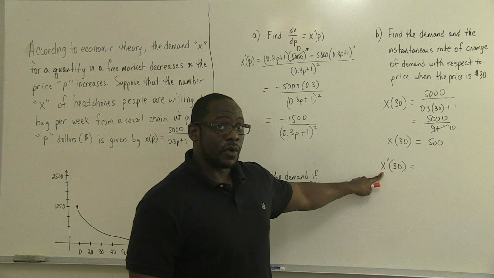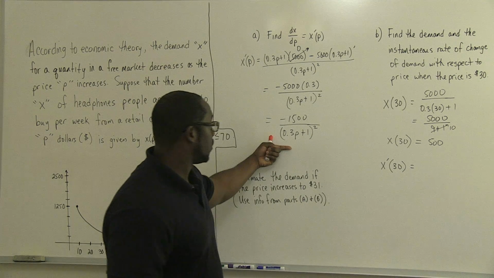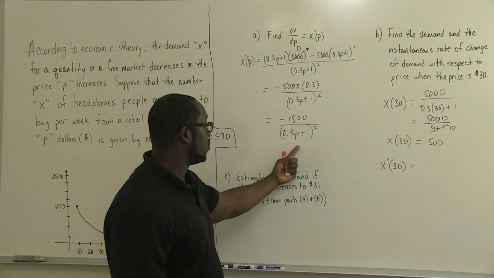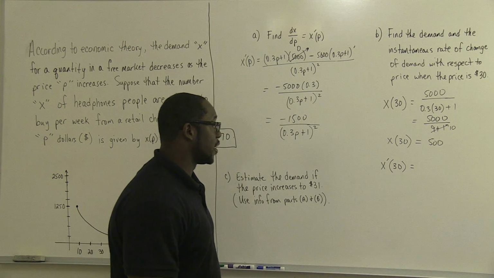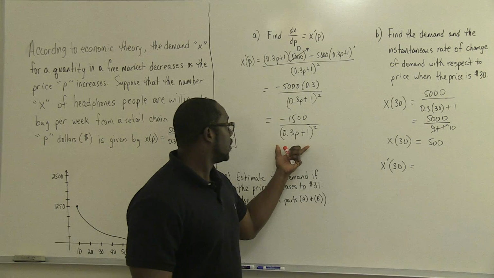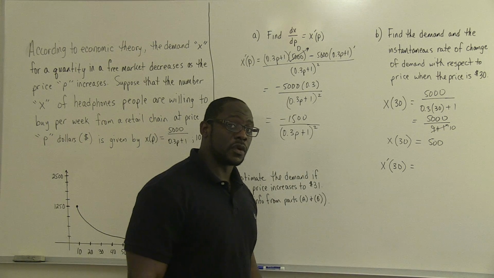Now we do the rate of change of this particular function at 30. We've already found the derivative, so all we need to do is plug 30 into it, and we'll find out how much our demand is changing right at $30.